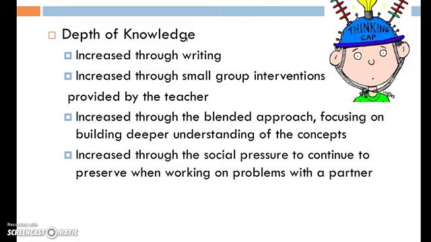It's also increased through the social pressure to continue to persevere when working on problems with a partner. So what this aspect is, I read through the literature. There was one study, and it found that students who were working in partners tended to persevere longer. It's kind of like a team aspect.